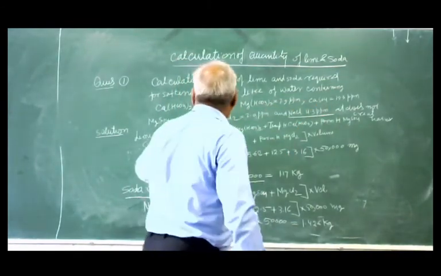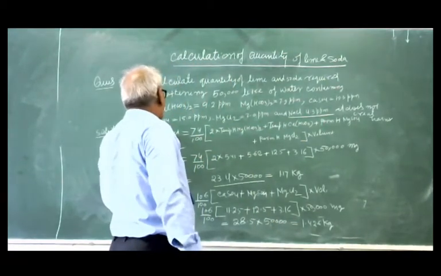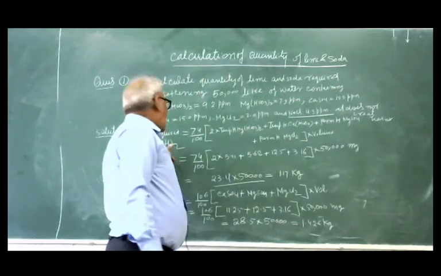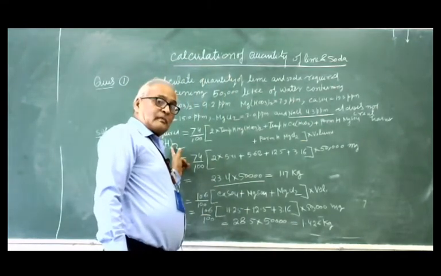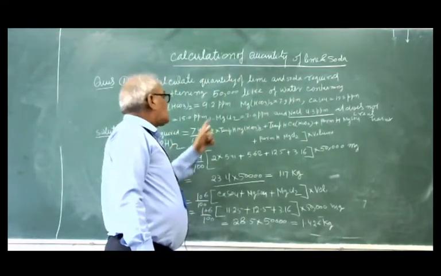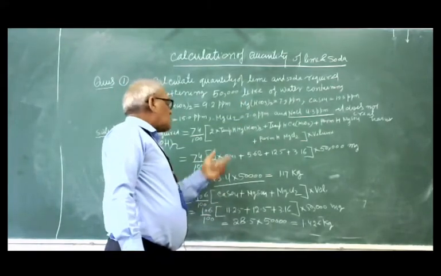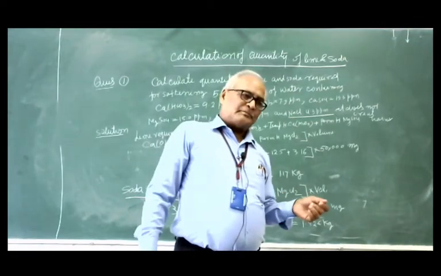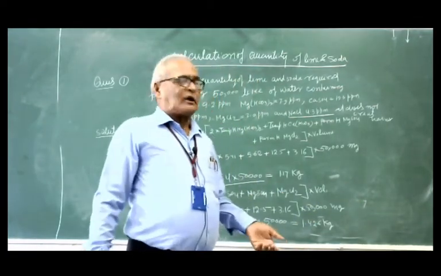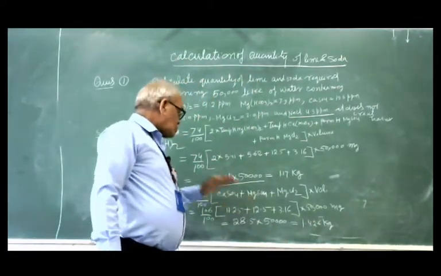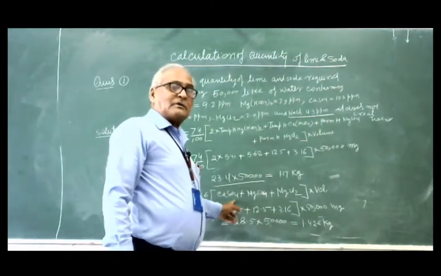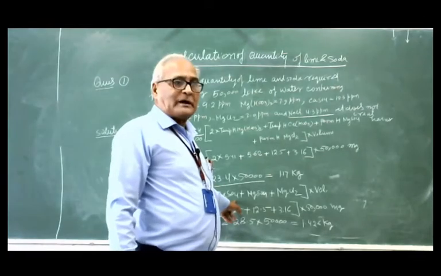I have considered the magnesium sulfate and magnesium chloride for calculating the amount of the lime, but not the calcium sulfate, because calcium sulfate does not react with the lime and therefore no lime is required. But soda reacts with the calcium sulfate giving calcium carbonate and sodium sulfate.